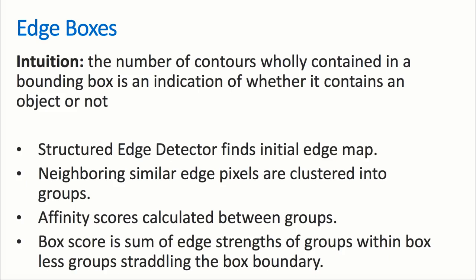Edge boxes use a fast structured edge detector algorithm to find an initial edge map. Neighbouring edge pixels of similar orientation are clustered together to form groups. Affinities are computed between groups based on their relative positions and orientations, so that groups forming long continuous contours have high affinity. The score for a box is computed by summing the edge strength of all edge groups within the box, minus the strength of edge groups that are part of a contour that straddles the box boundary.